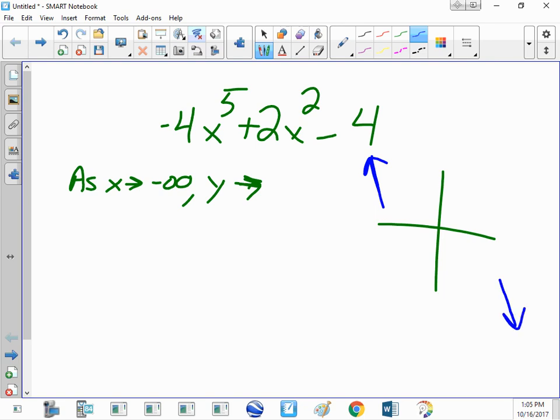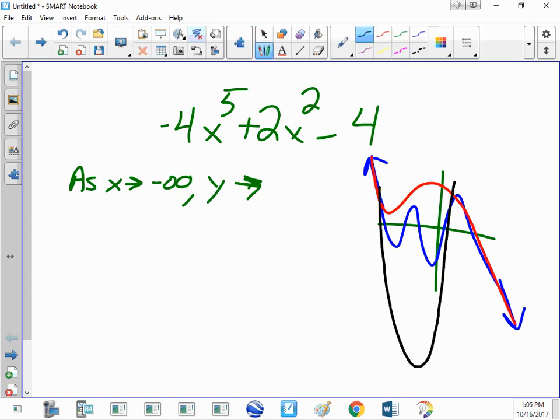What could happen in there? Well, it might have 1, 2, 3, 4, 5 roots, or it might do something like this, or it might do something like this. We're not sure. But we know that the left side goes up and the right side goes down.